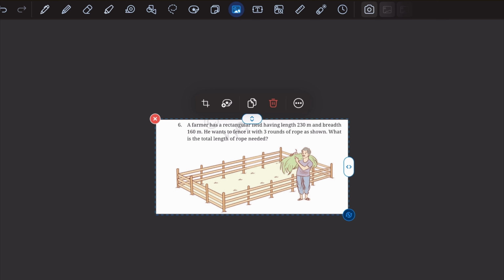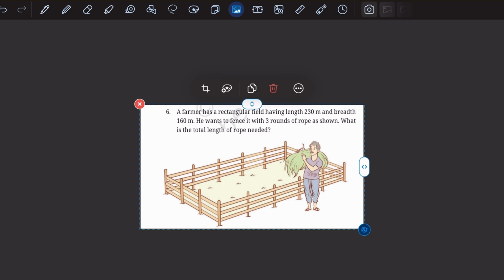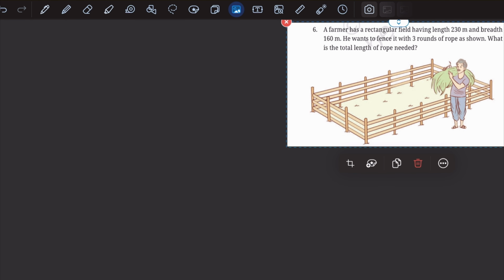The level of this question is a little bit high. Here we have one figure also. The rectangular field is already given in the question: a farmer has a rectangular field. Okay, this one is a rectangular field.